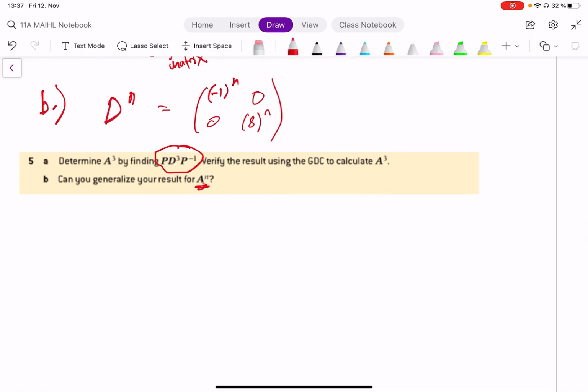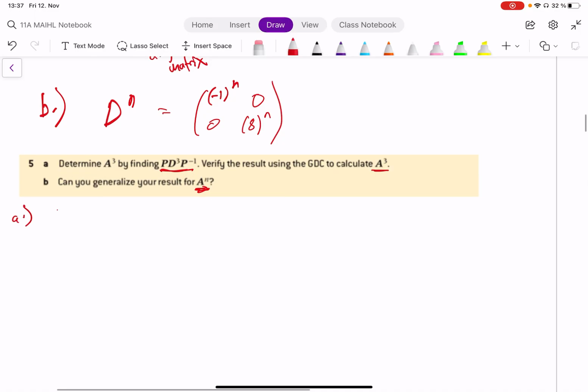So it says determine A cubed by finding this. We could find A cubed by just saying A was this original matrix, raise it to the third in the calculator, but it says by finding this. And then we'll verify our results using the calculator. So for part A, P was 1, 2, 1, negative 1 from above.